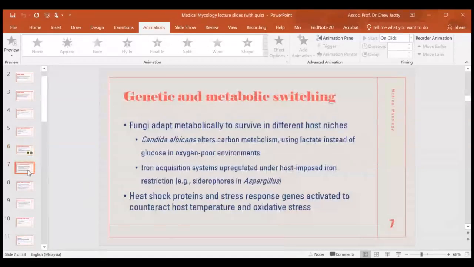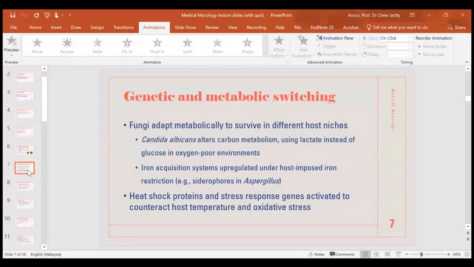They can also go through genetic and metabolic switching. Fungi are quite good at adapting differently in the host by changing their metabolic activities depending on which part of the host they are inhabiting. For example, Candida albicans can alter its carbon metabolism. They can use lactate instead of glucose in the oxygen-poor environment in the human host.